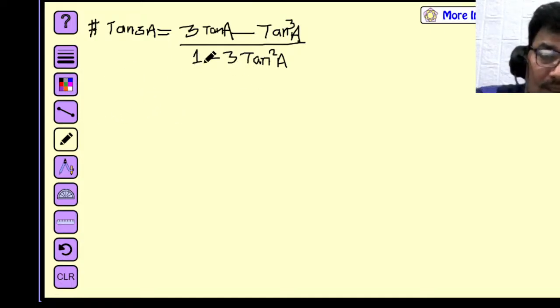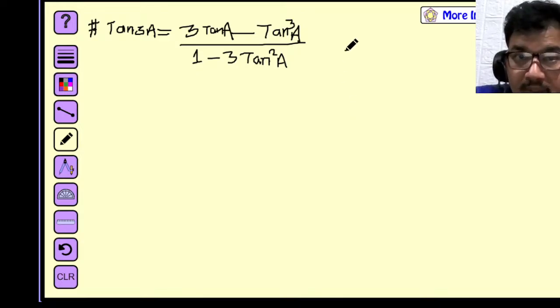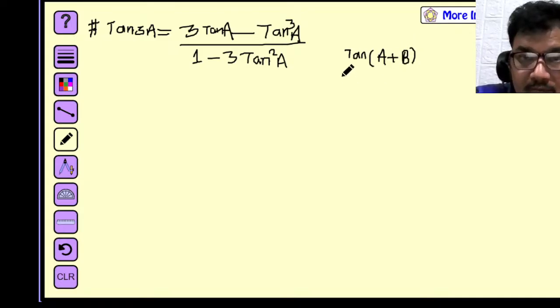So children, as we know, I have already shown before also tan(A+B). Here we have the compound angle formula.